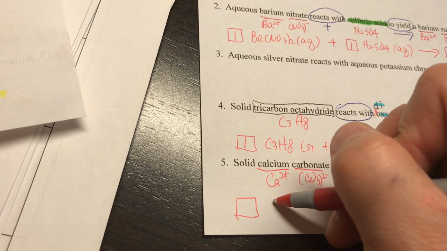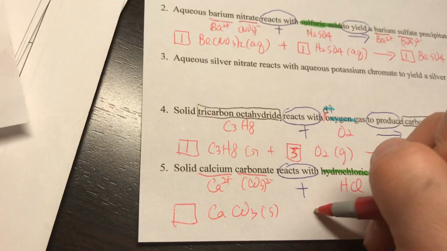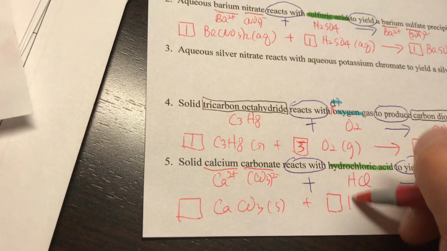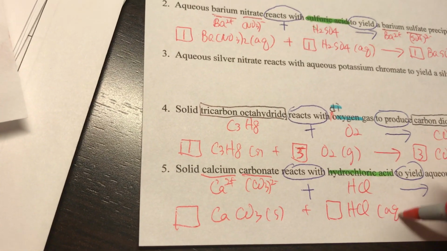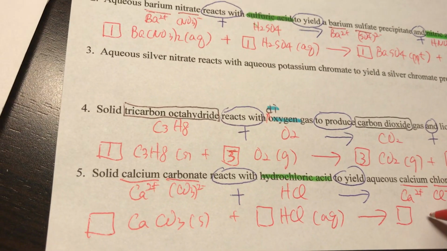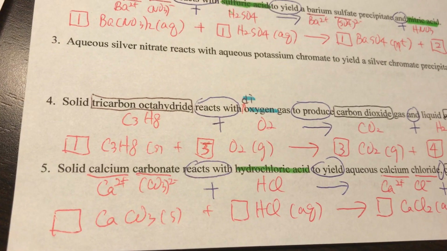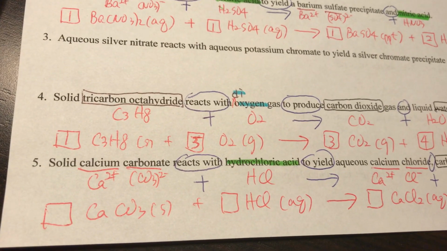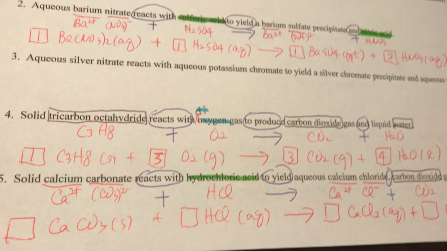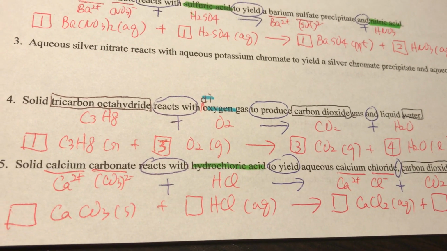We can put the coefficient box on. After the crossover: CaCO3 solid, plus box HCl aqueous, arrow, box CaCl2 aqueous, plus box CO2 gas, plus box H2O liquid.